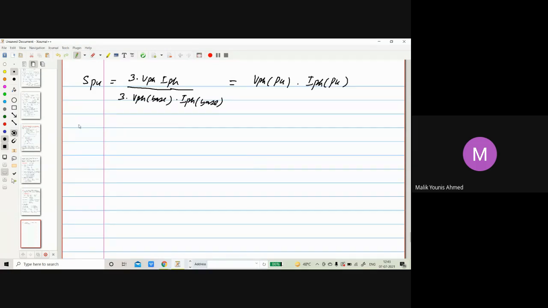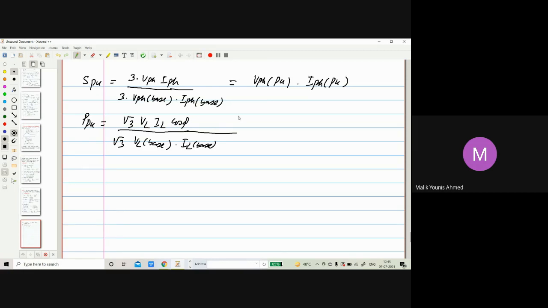Now if we are talking about the real power, P real power in per unit, it is √3 VL IL cos of phi in terms of the line values. Now it will be the actual value of the real power divided by the base value of the real power. So I can use √3 VL base IL base, cos phi will not change in either case.